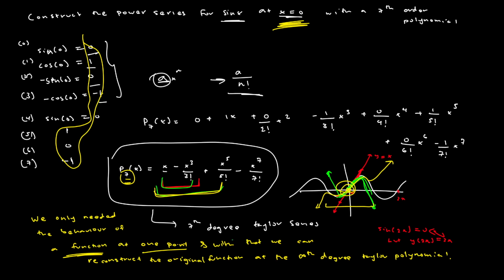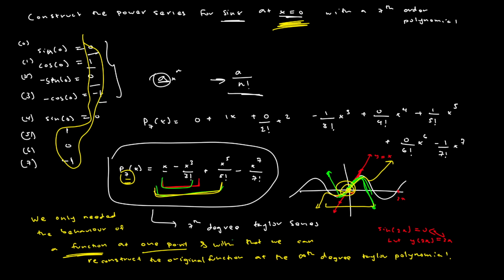If you want to better estimate the original function at a larger interval around x equals 0, we just take higher order Taylor polynomials, and we know how to construct that now. Whereas if we only want a rough estimate around a very small interval, we can take a simple polynomial to estimate our function instead of having that big complex function and having to reason with it.